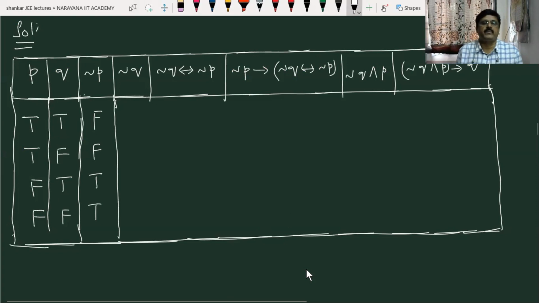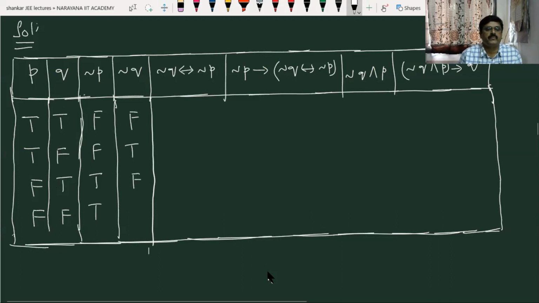Now, negation of Q I am going to write, students. Negation of Q means just the negation of the second column. Keep an eye on this second column. Now it will be F, T, F, T. Whatever compound statements I want, only those I have written here, students.